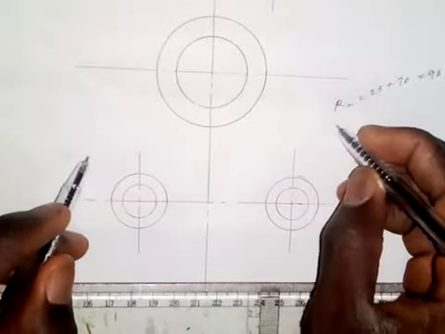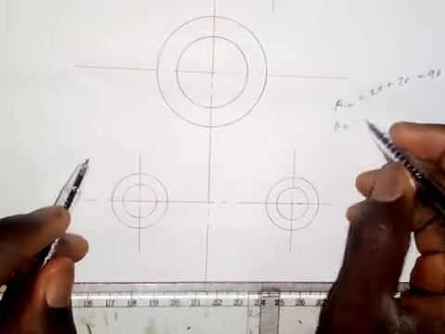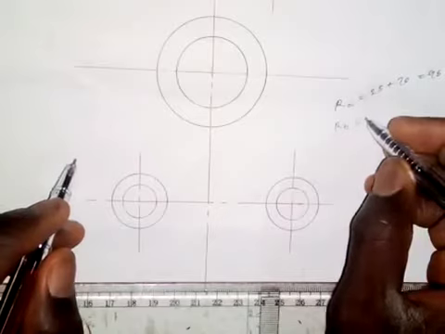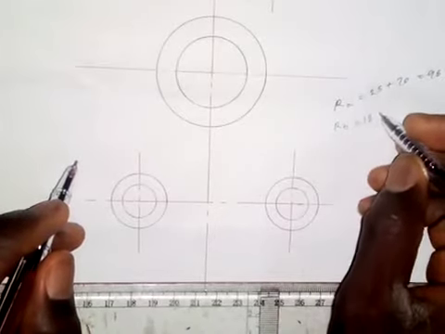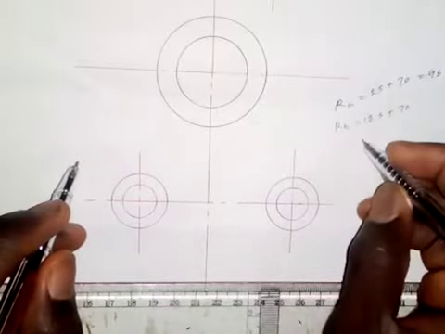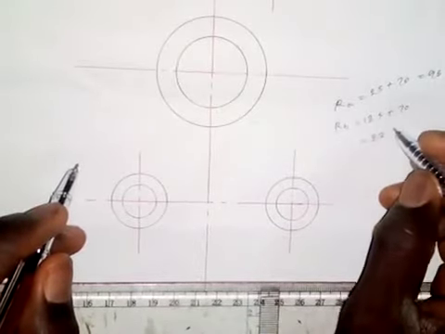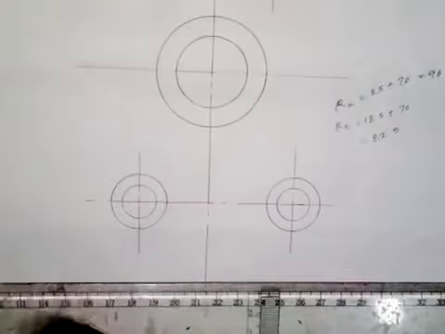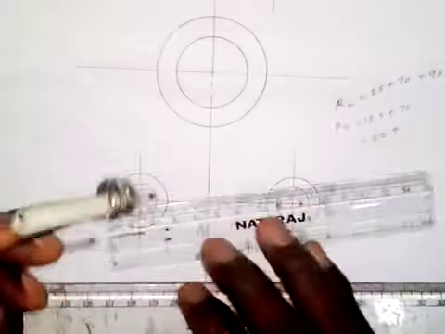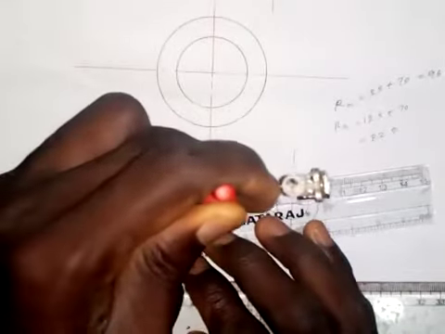And RB is 12.5 plus 70, and that will give us 82.5 millimeters.